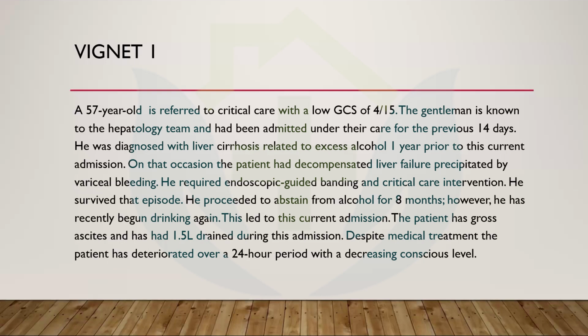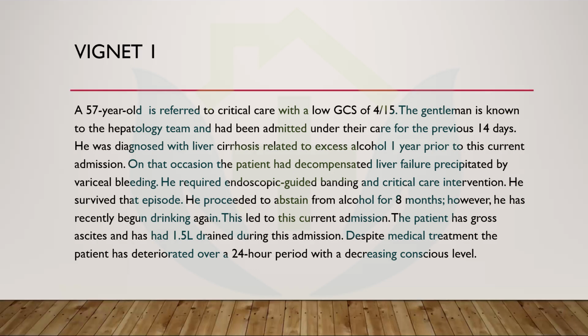This is a 57-year-old referred to the critical care with low GCS, 4 by 15. The gentleman is known to the hepatology team and has been admitted under their care for the previous 14 days. Diagnosed with liver cirrhosis related to excess of alcohol 1 year prior to this current admission. On this occasion, the patient had decompensated liver failure precipitated by variceal bleeding.